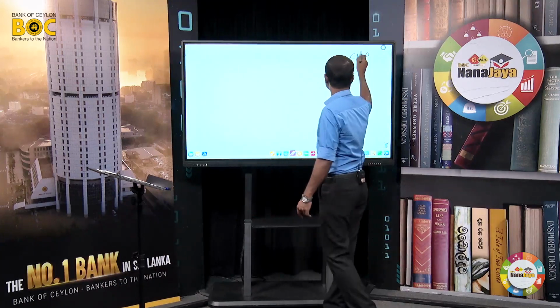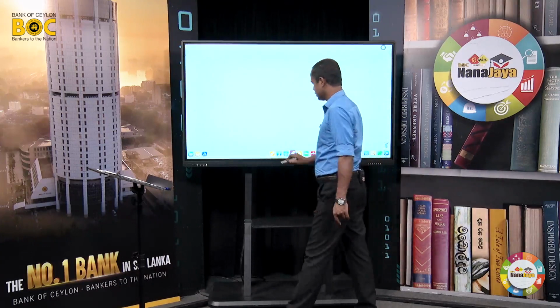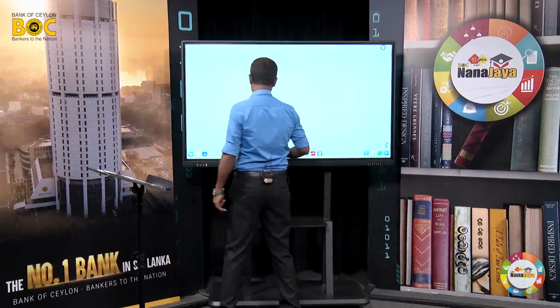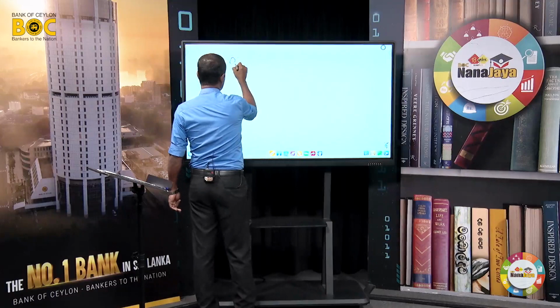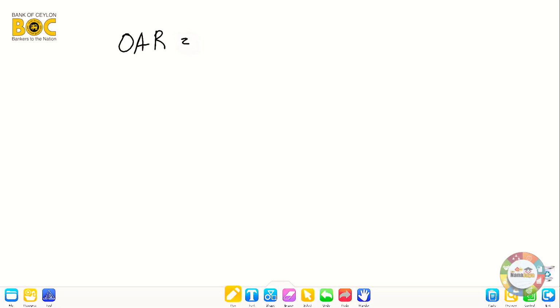The overhead absorption rate, OAR, is equal to budgeted overheads, or estimated overheads, divided by budgeted basis.